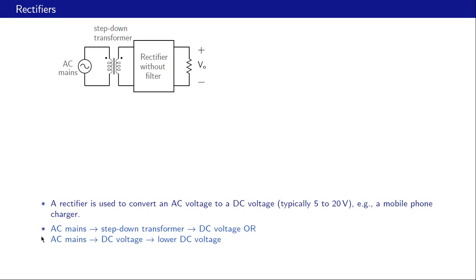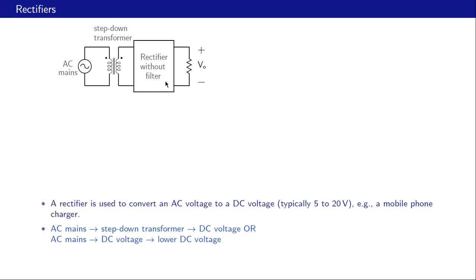In this course, we will look at this first approach as illustrated in this schematic diagram here. We have the AC mains, and that voltage is stepped down with this step down transformer. After that, we have the rectifier without filter, and we will very soon see what is the meaning of this filter here.